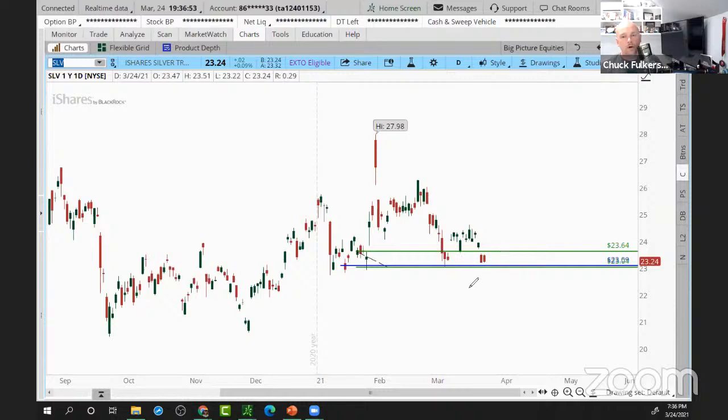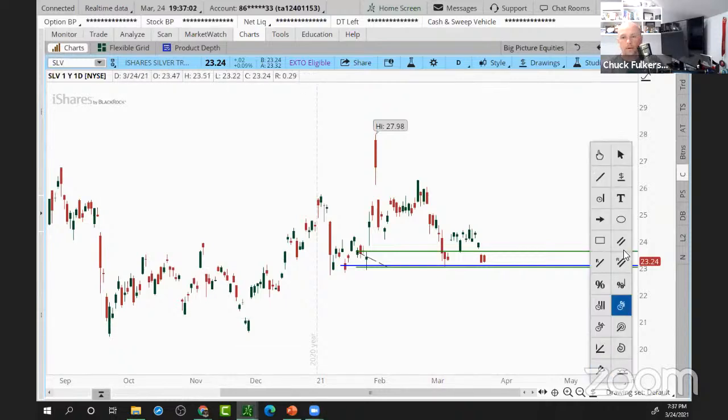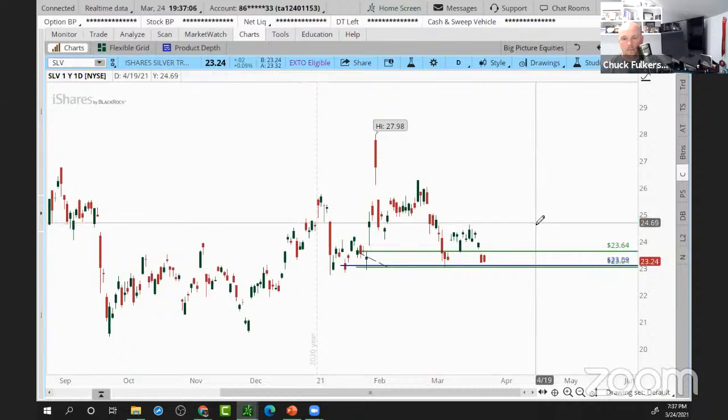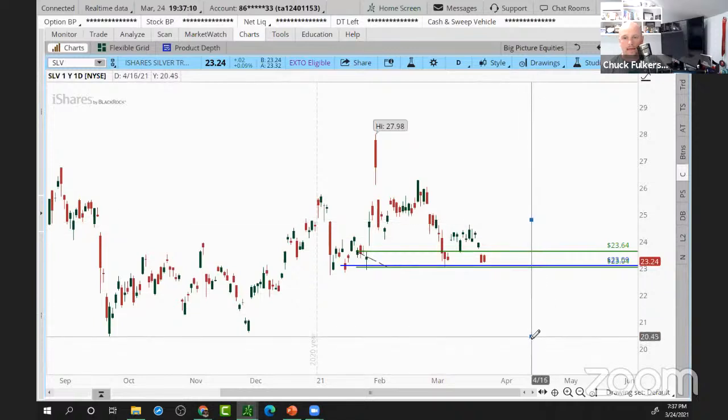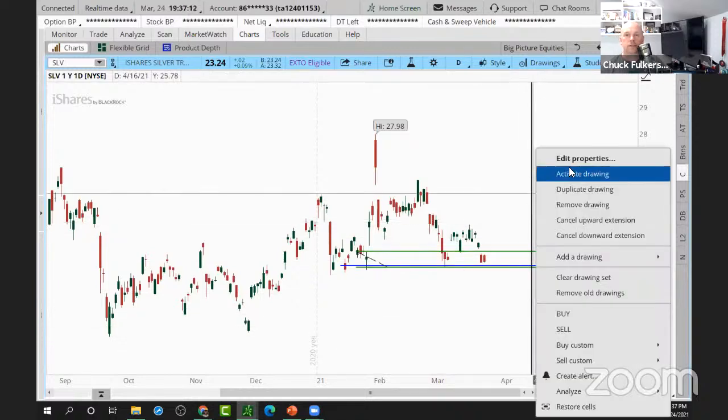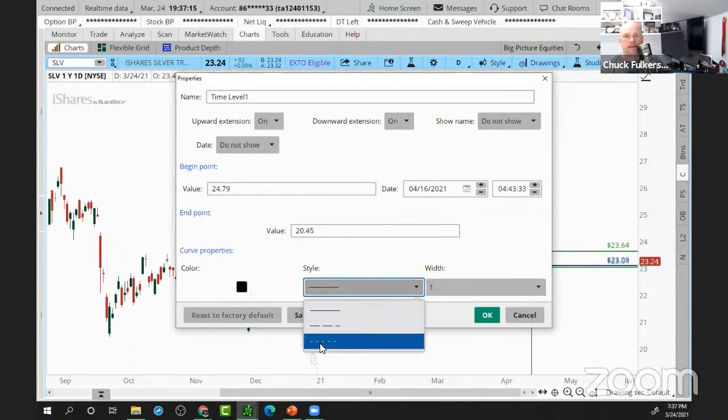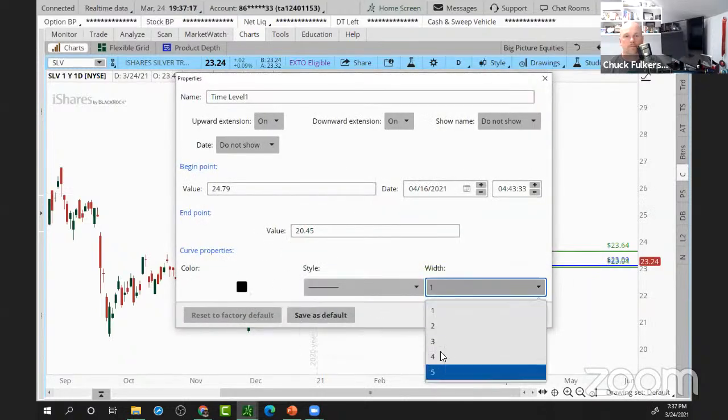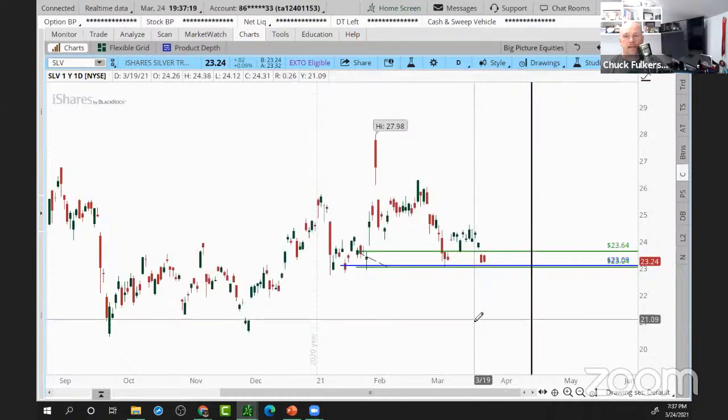So our current expiration day is April 16th. Let me draw the line on April 16th. That day is our current expiration date.